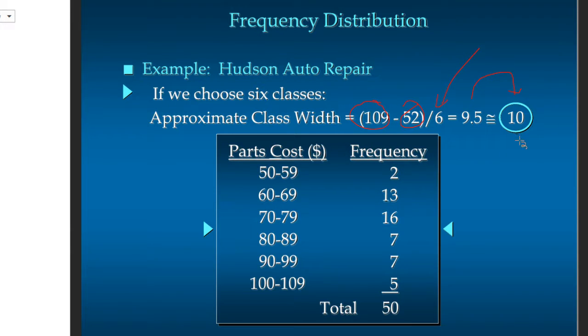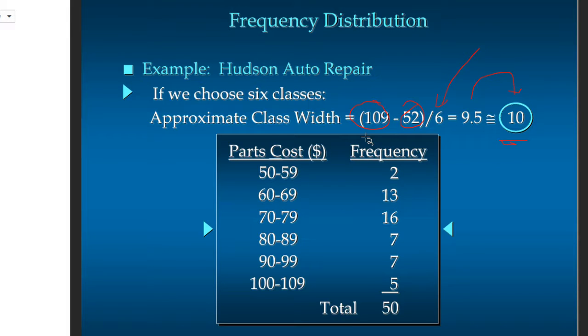So what does that 10 mean? That means each class will have 10 different numbers.